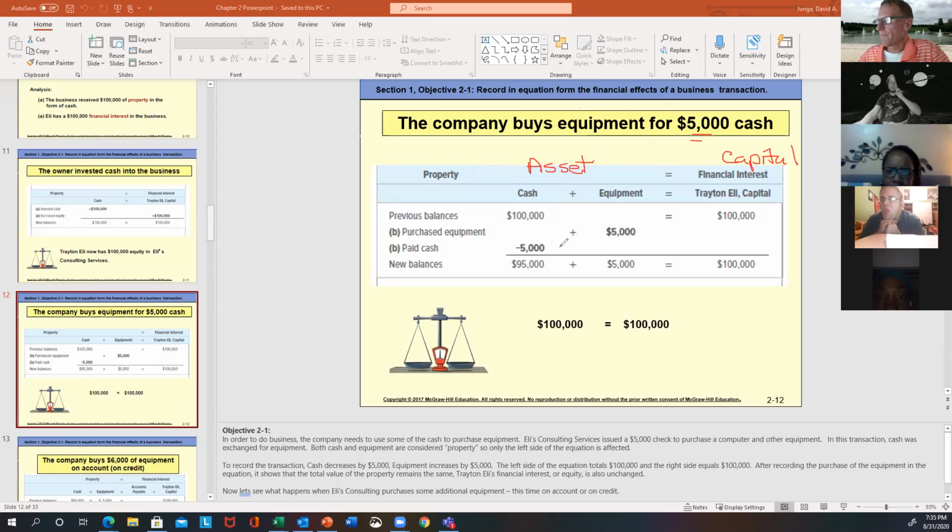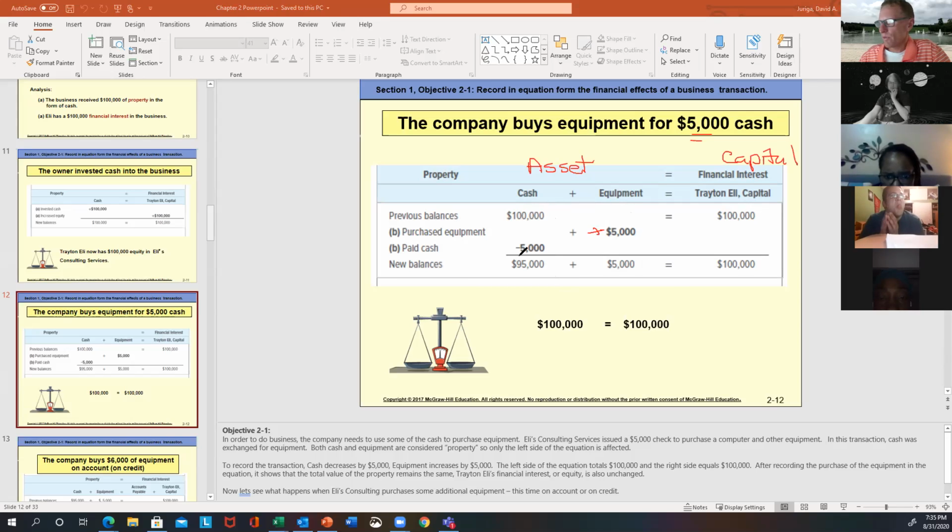And notice what they did. They decreased cash as a minus by 5,000, and then you're going to put a plus 5,000 under equipment. So they literally took part of the cash and converted it into equipment. And the accounting records would show that. So you're decreasing one asset, and you're increasing another asset.